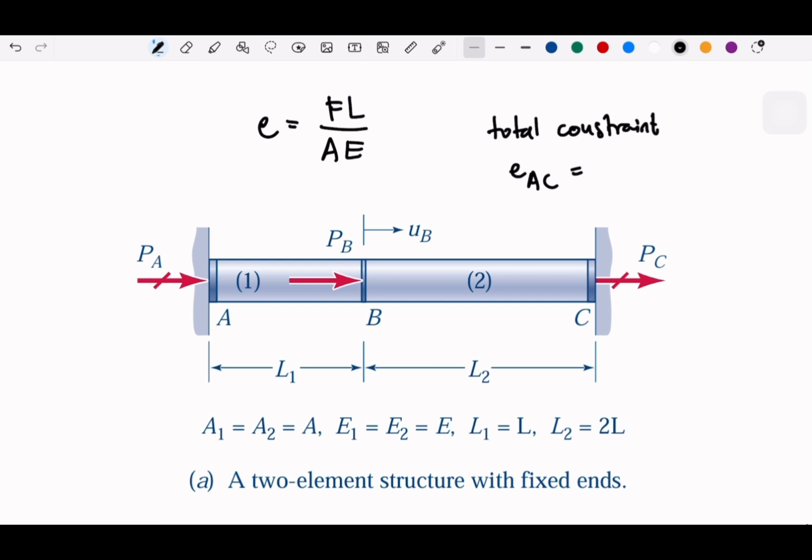Now you need to make sure that you have a very good sense in engineering. Imagine this is a wall. If we say the elongation from A to C, can you agree with me that the elongation will be 0?